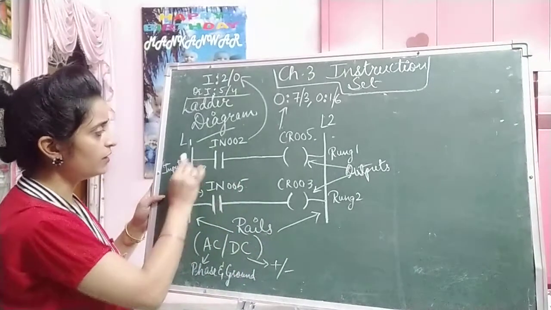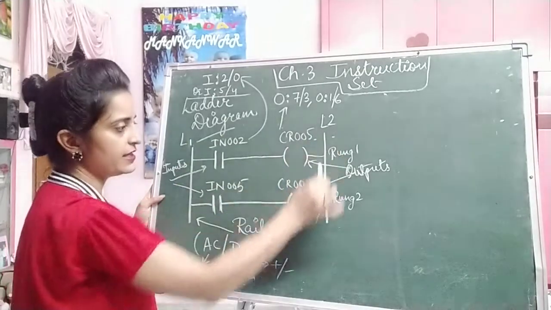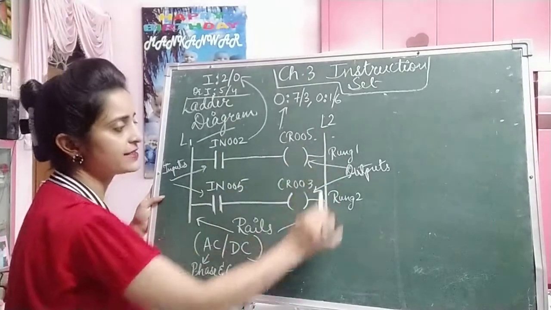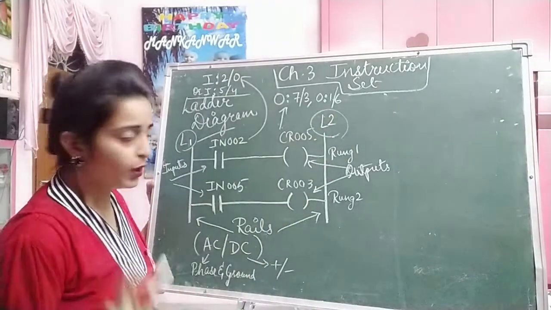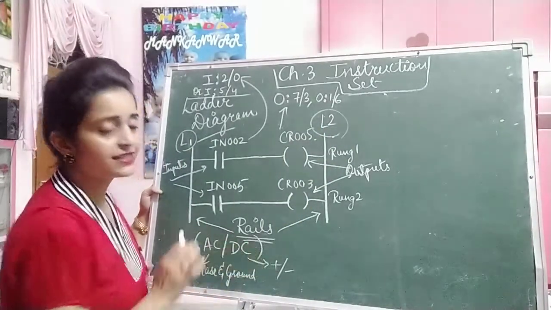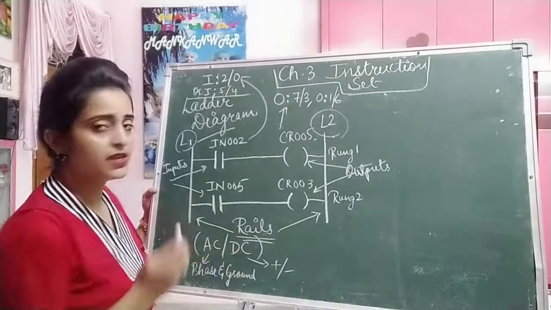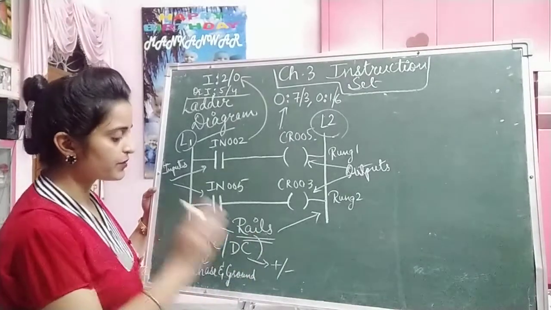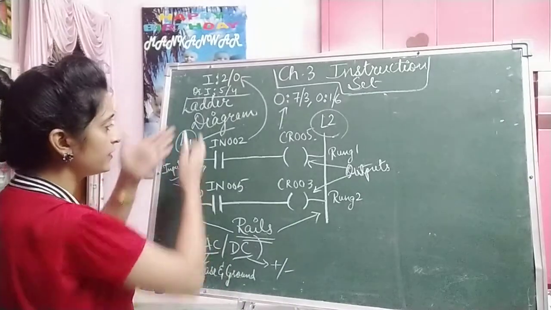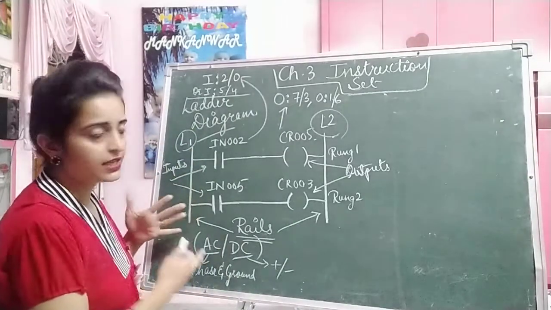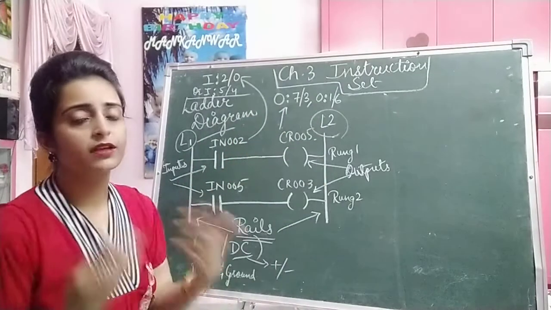First of all, these two vertical lines at the ends, named L1 and L2, are called rails. Rails represent the AC or DC supply voltage. One line shows the phase and the other shows the ground connection.